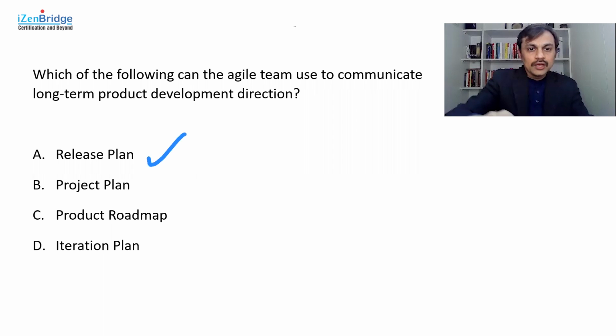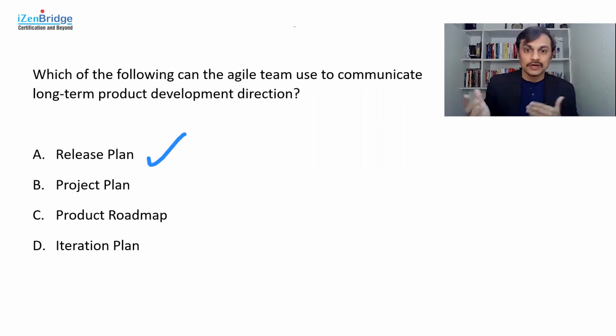Release plan. This seems to be a candidate option because the release plan helps us in projecting over upcoming subsequent iterations how we are going to achieve a product goal or a release goal. But it does not show a long-term development direction. The idea of release plan is it's kind of short to medium term.